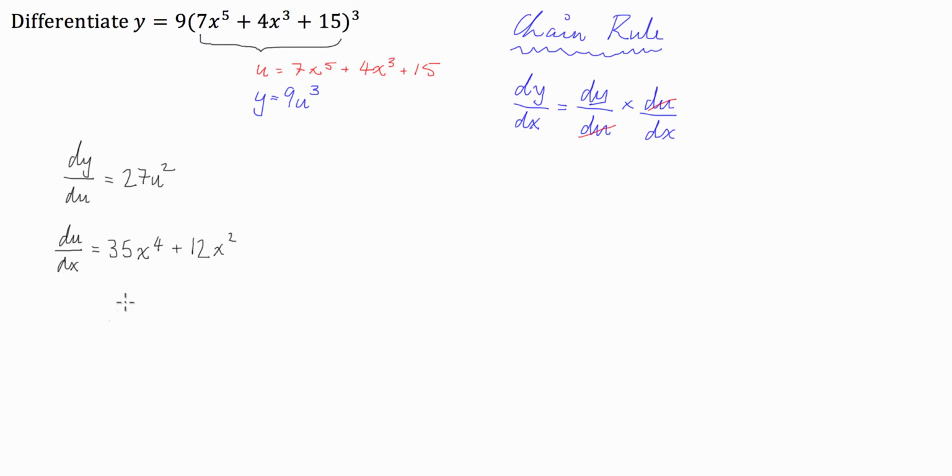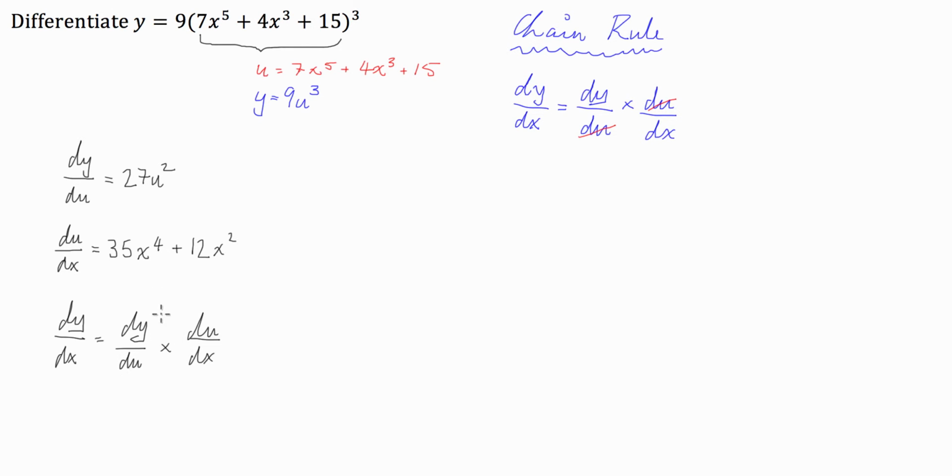And the chain rule states, and this is just to make it super straightforward, dy dx is equal to dy du times du dx.